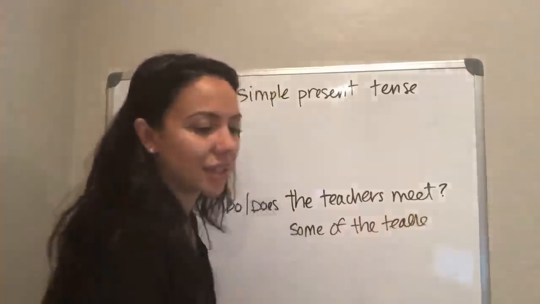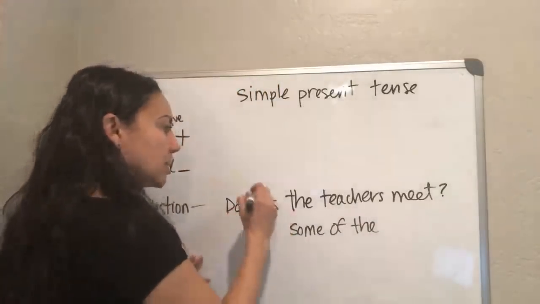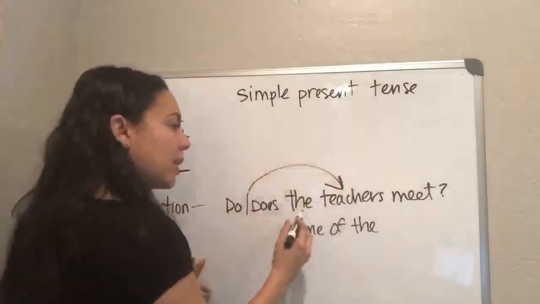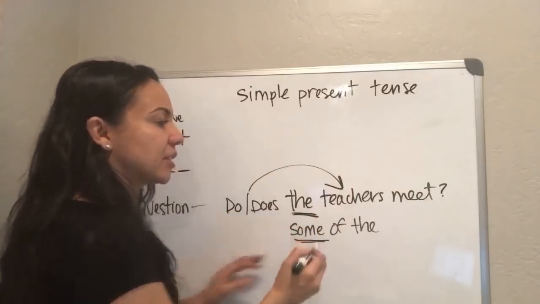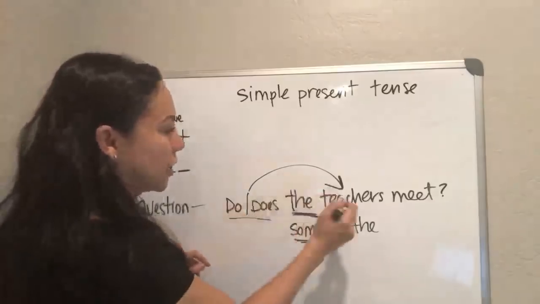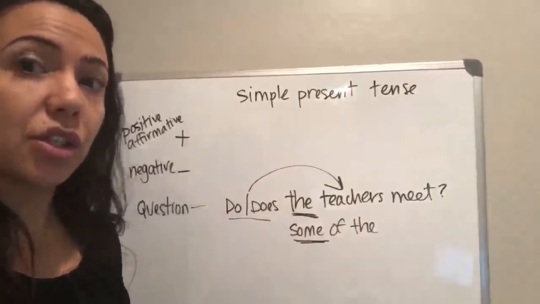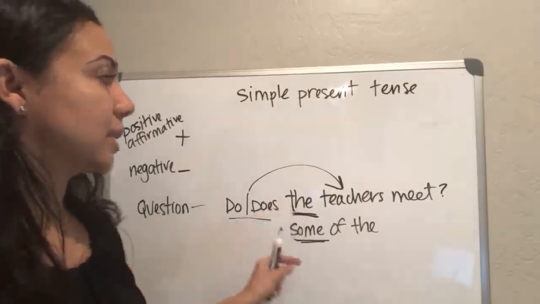Either way, it doesn't change the subject. The subject and the do and the does always have to agree. It doesn't matter what's here. This isn't important. What's important is, do these agree? So what would you guys choose for this one? Do the teachers meet or does the teachers meet?